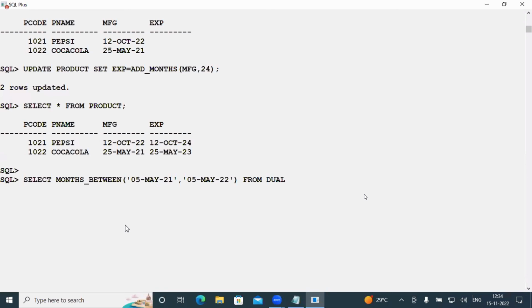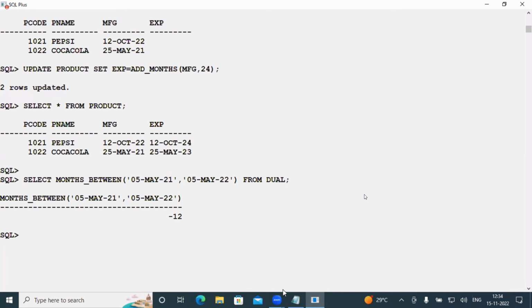So now tell me, in this, your date 1 is having 21 here, date 2 is 22. So in these two expressions, which is greater, date 1 or date 2? Date 2 is greater. If date 2 is greater, what will be returned here? Negative value. It returns a negative value.